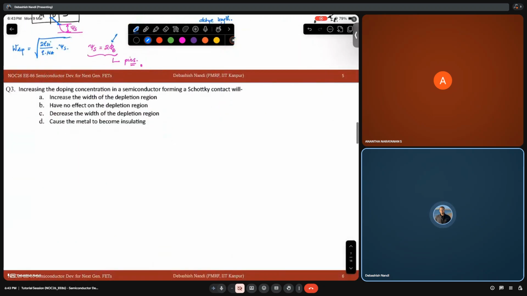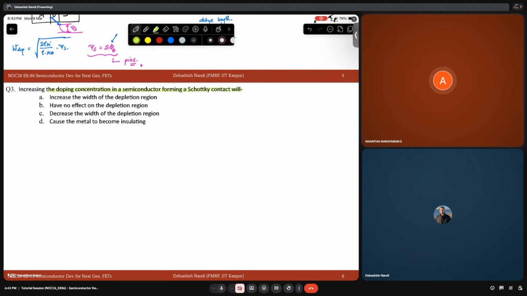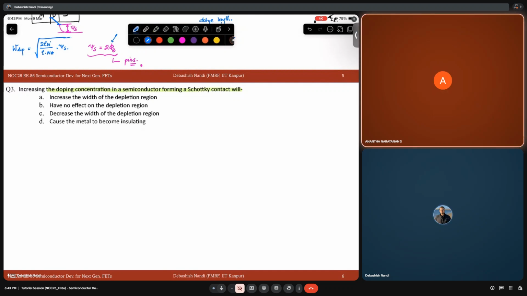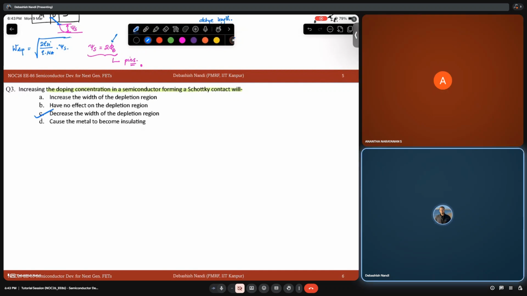Increasing the doping concentration in a semiconductor forming a Schottky contact will decrease the width of the depletion region, right, sir? Fine. Yes, sir. Again the same thing, because in a smaller section I will have, let's say, 10 to the power 18 NA atoms or ND plus ions, in another case I have 10 to the power 17 ND plus ions.